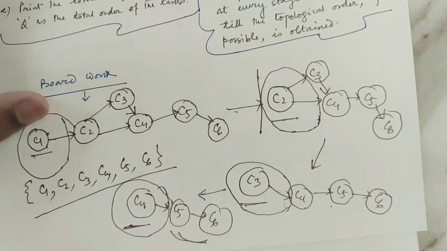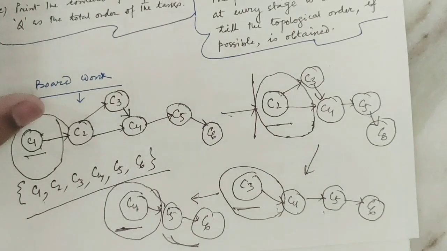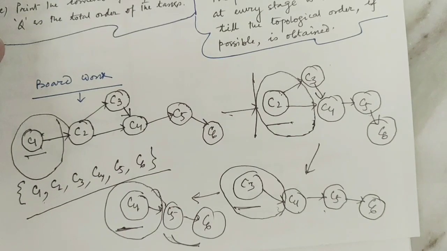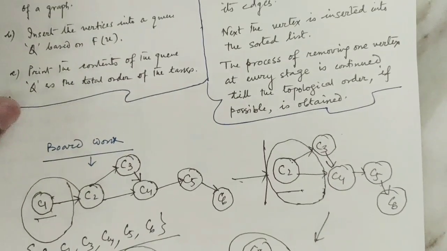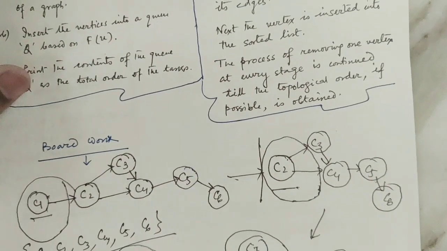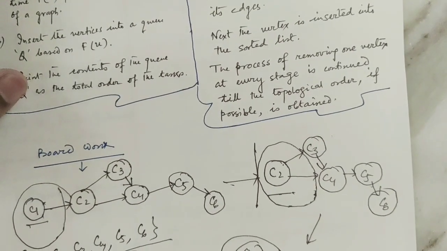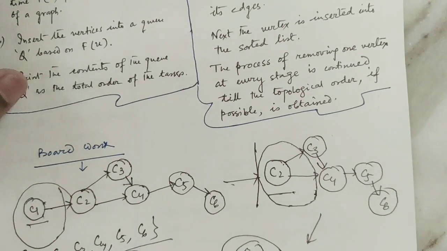Fine. Then the question definitely comes to your mind: how can we determine the node that is to be deleted? You have to identify a vertex in the graph that does not have any incoming edges.